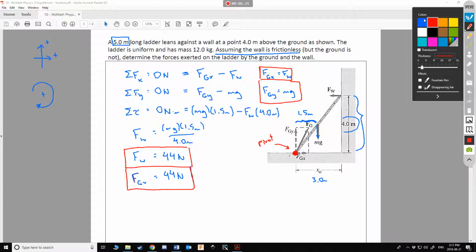And Fgy, we can just solve for that. Fgy is just equal to mass times gravity, so 12 kilograms multiplied by 9.81 meters per second squared gives 118 newtons.